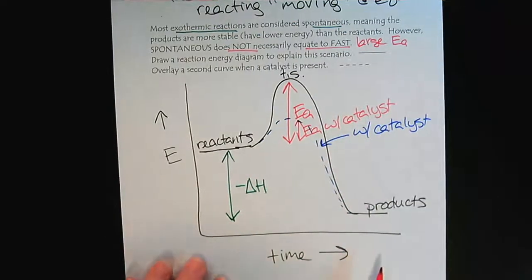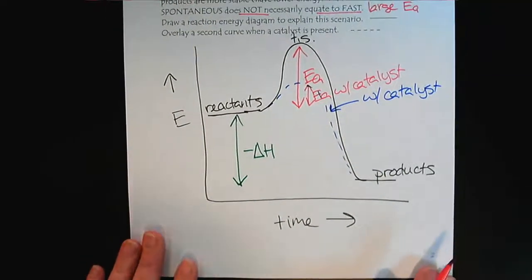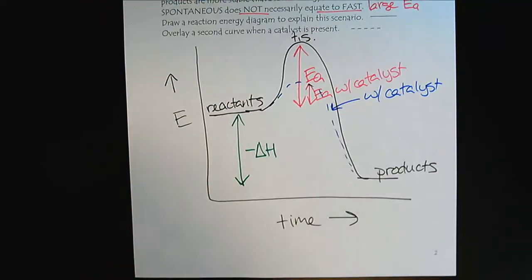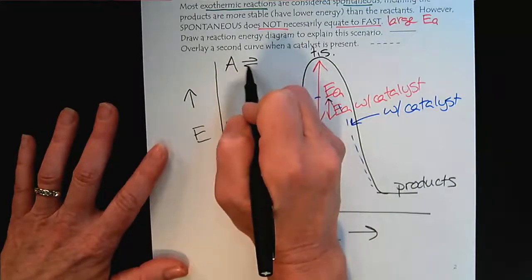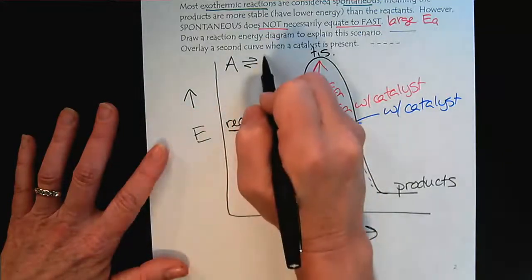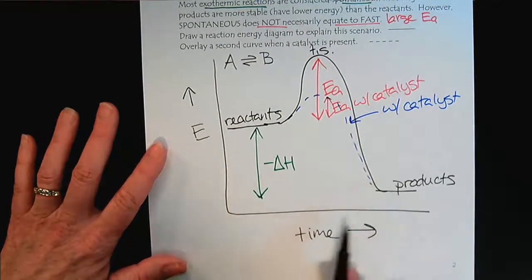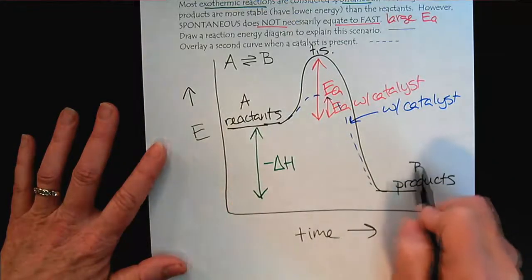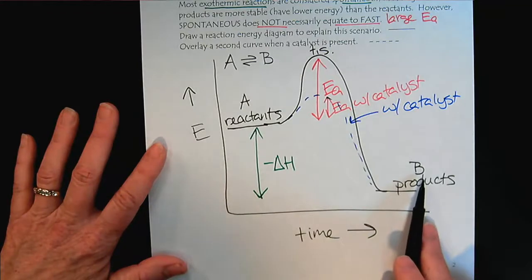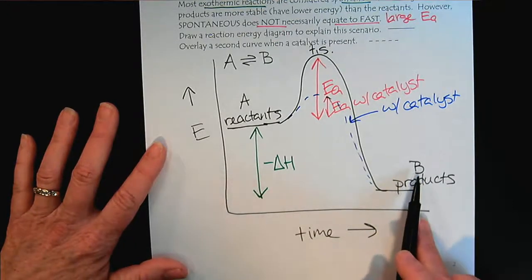Okay. So this reaction energy diagram would help us think about equilibrium, in that if we have a reaction where we have A going to B, for example, we would say reactant A, product B. Because the products are lower in energy, we would say that for this reaction, the equilibrium goes to the right.